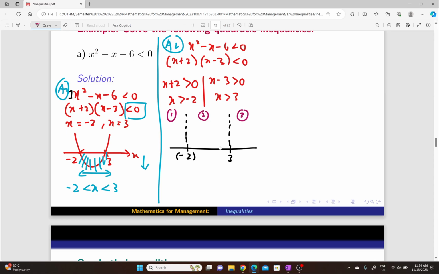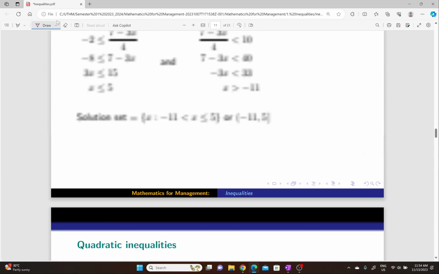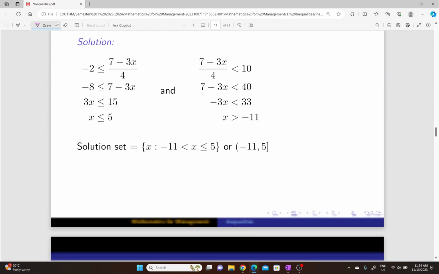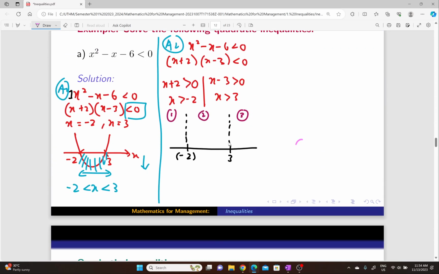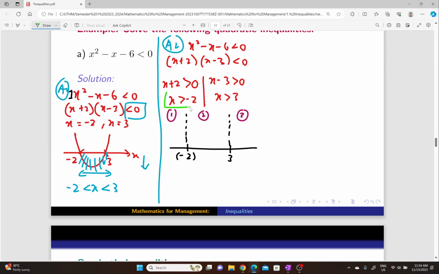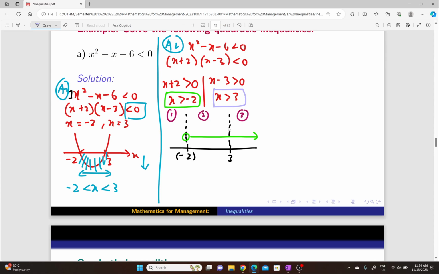Three partitions. Okay, now for the first one, you put a circle, go all the way here, and for the second one, you put a circle, go all the way here.